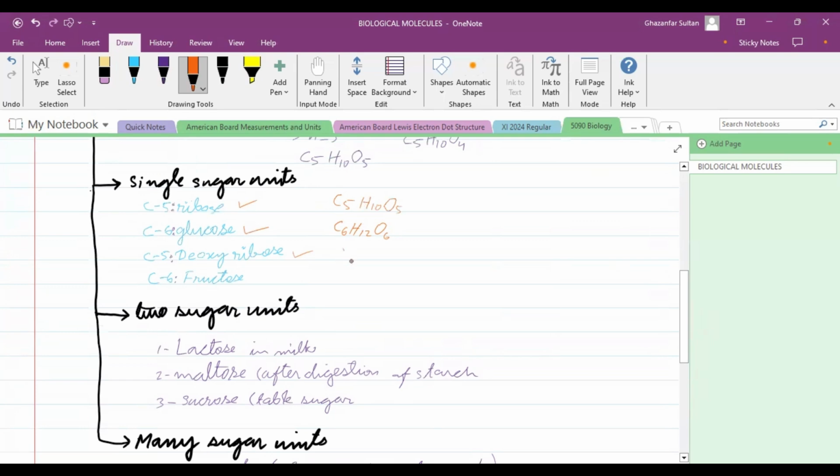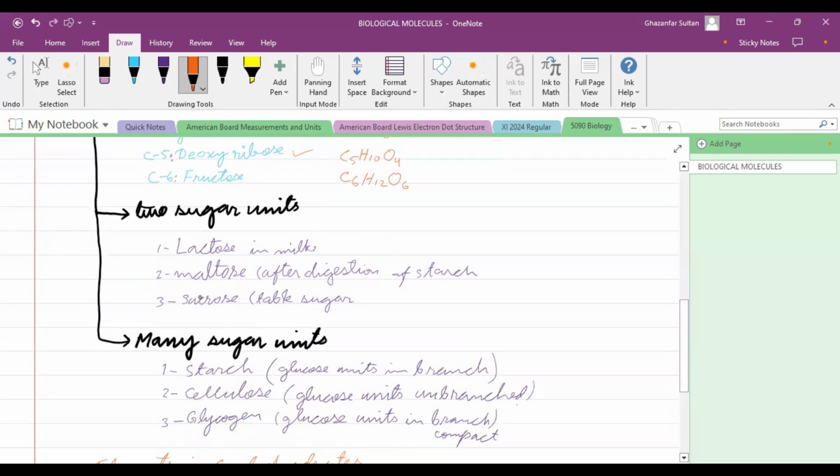In deoxyribose, C5H10O4. And in fructose, it is again C6H12O6. So glucose and fructose have the same chemical formula.